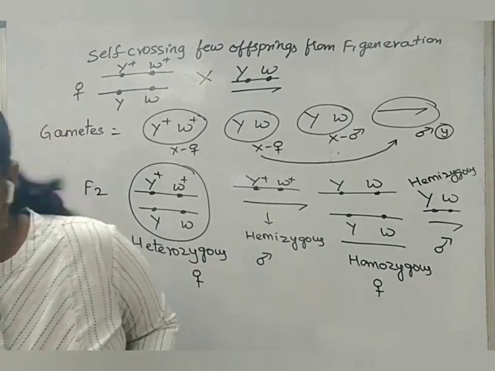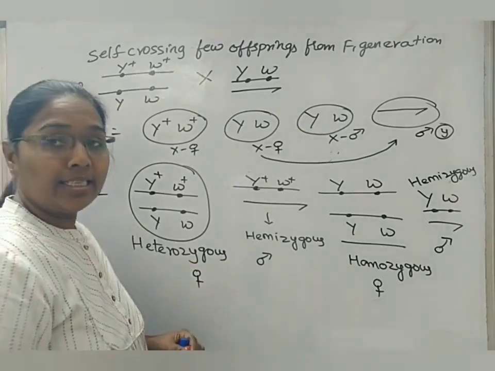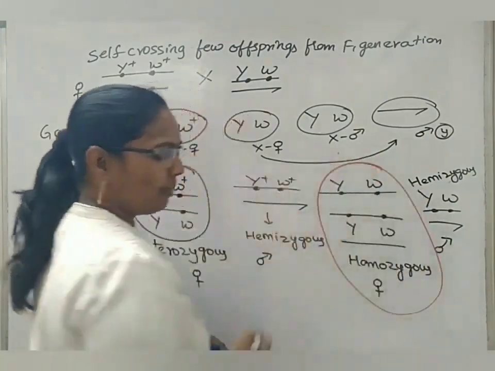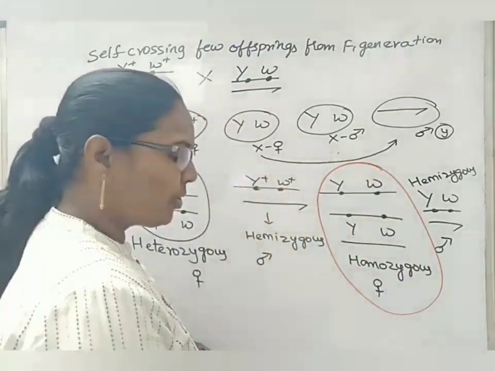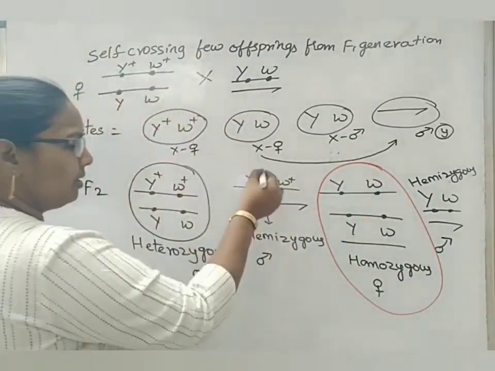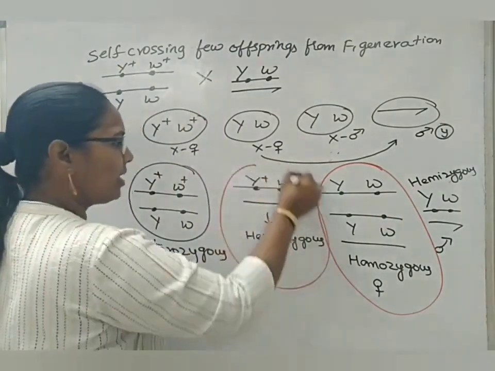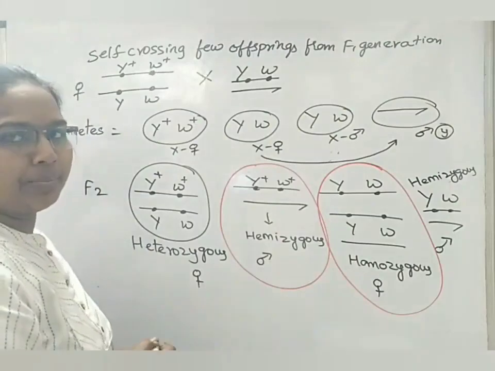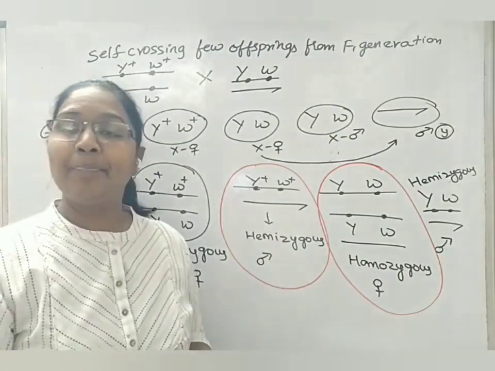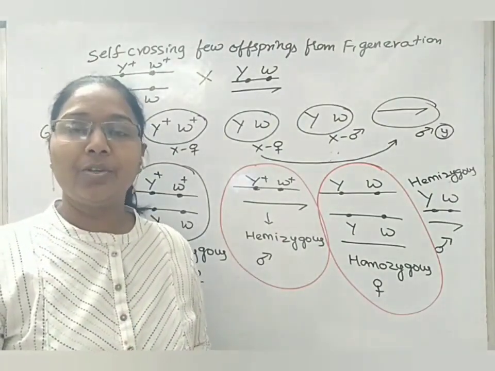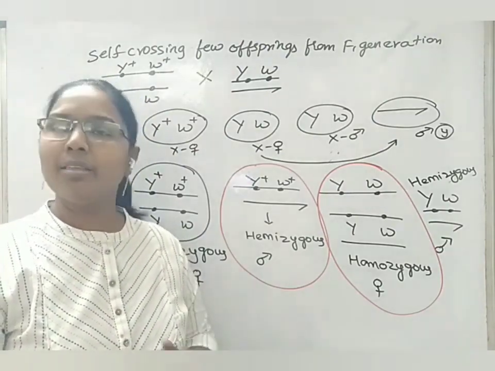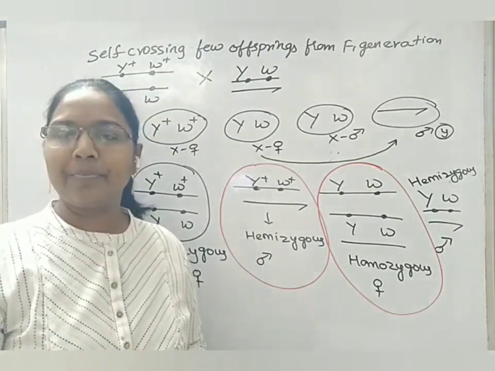Now, what is given in your NCERT textbook? They have taken this as the parental combination and crossed it with a normal hemizygous red-eyed male. The cross is taken between these two types of offspring. It means that on page number 84 of the NCERT textbook, the original parents from nature are not taken as they are.